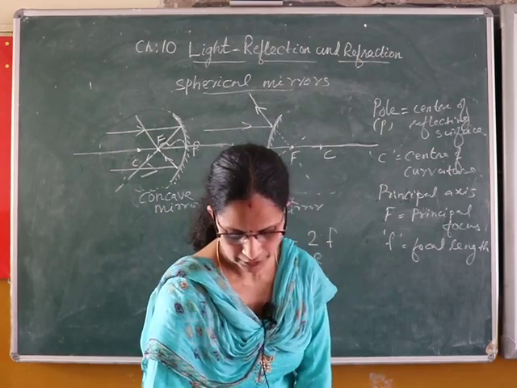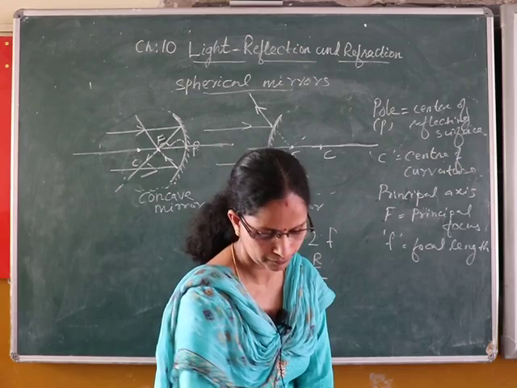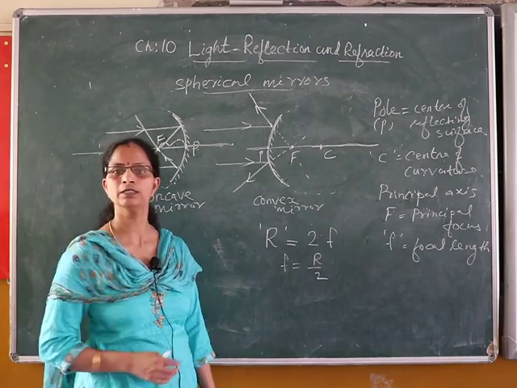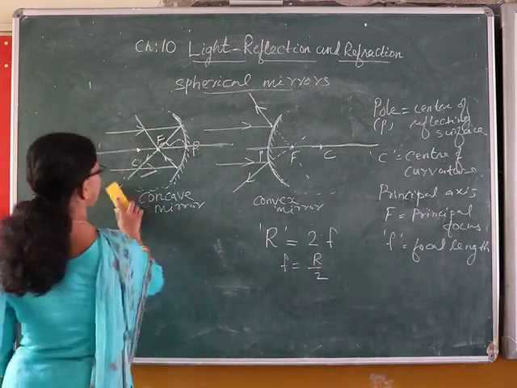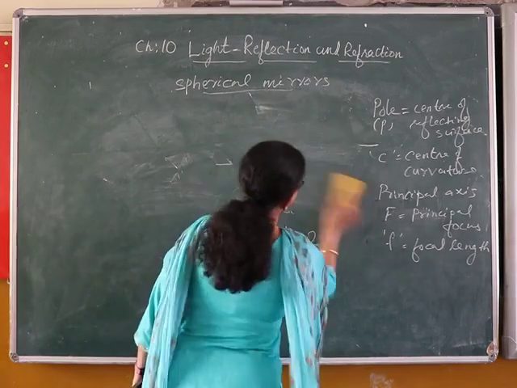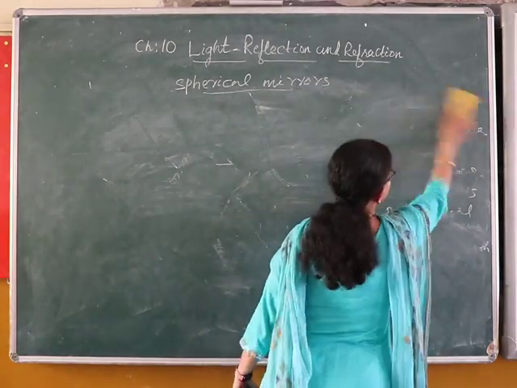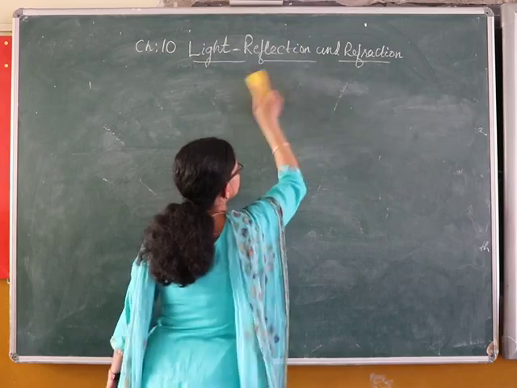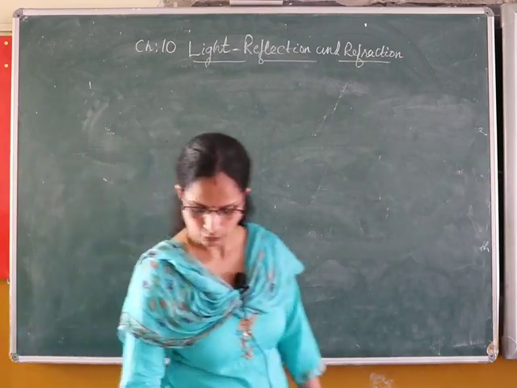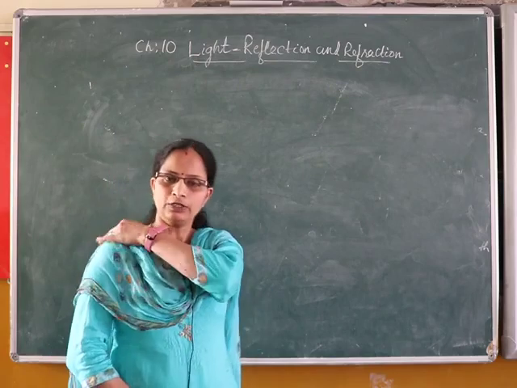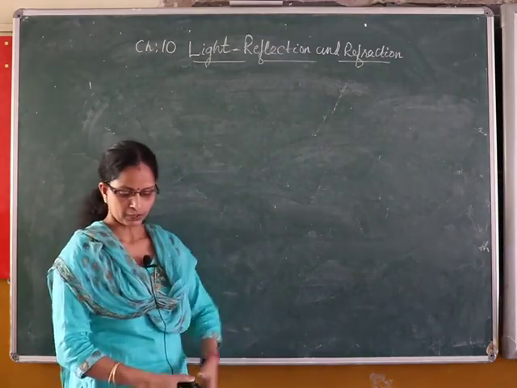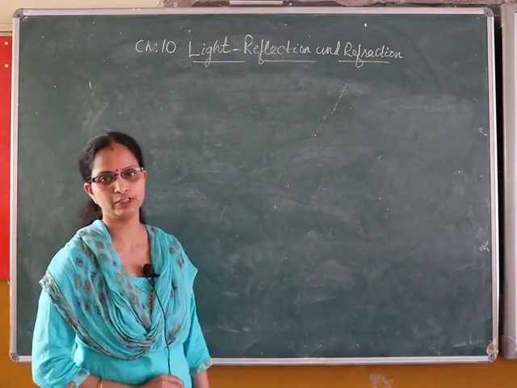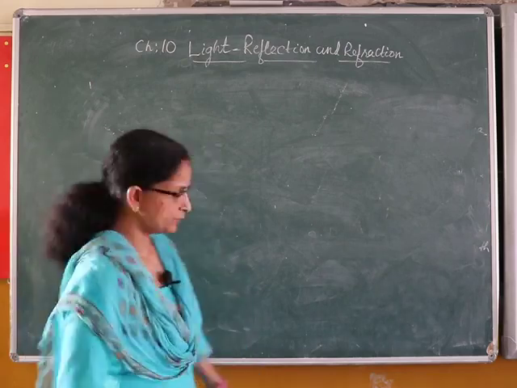Now we are going to see the image formation by spherical mirrors. How an object can form its image with these mirrors. We know whenever an object is kept in front of a mirror, whether it is luminous or non-luminous, light rays from that object strike the mirror and it forms its image with the help of this mirror.